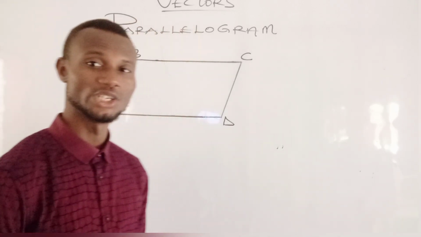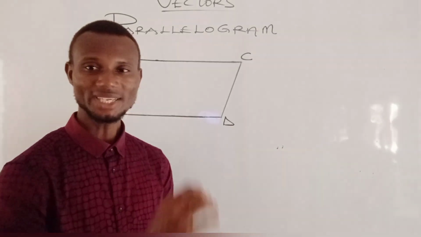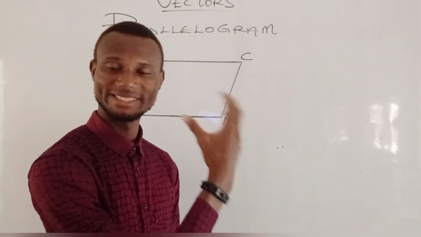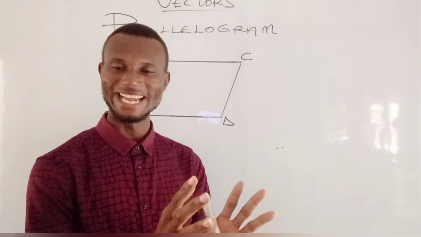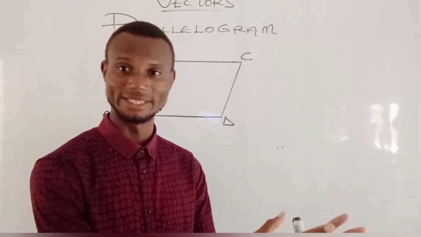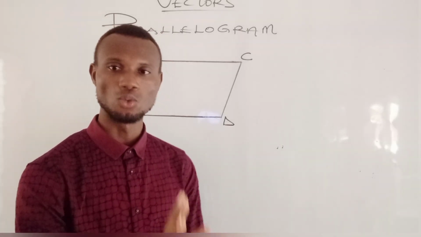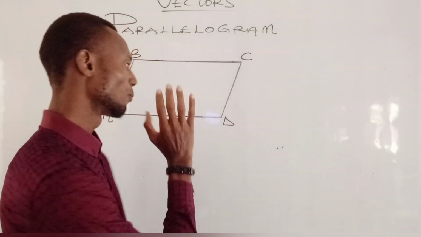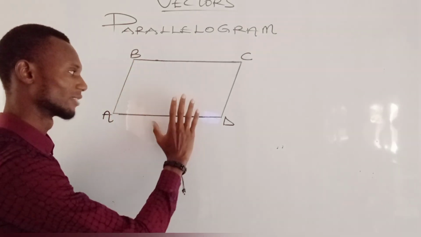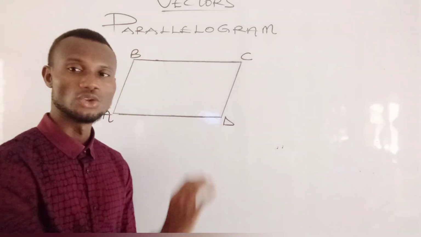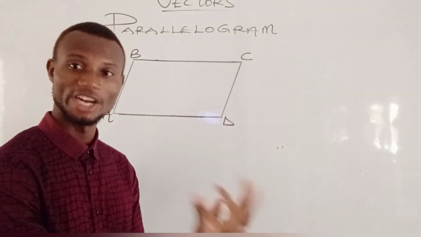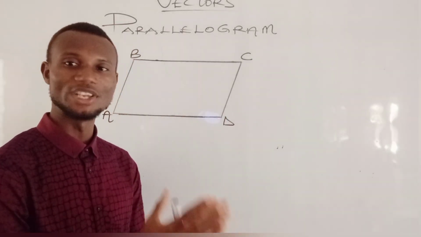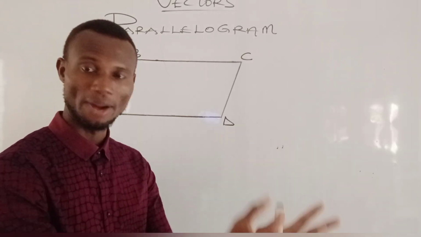What you need to take note of is that the opposite sides of a parallelogram need to move in the same direction. So when you are indicating your arrows on the parallelogram, make sure the opposite sides are always moving in the same direction.